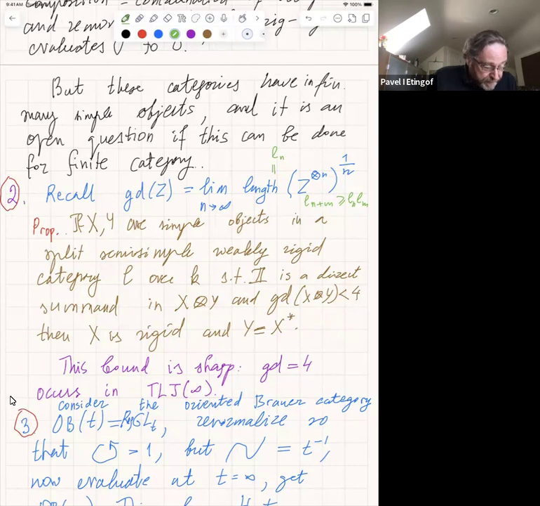So if the growth dimension equals 4, then there is a counterexample, namely take the two-dimensional object in the asymptotic Temperley-Lieb category corresponding to SL2. For both X and Y take that object V corresponding to the two-dimensional representation of SL2. That would be a counterexample.